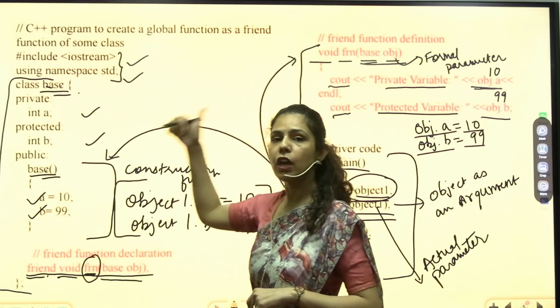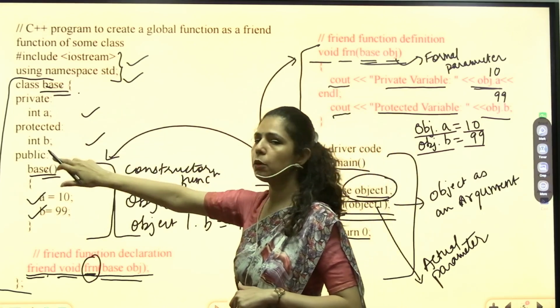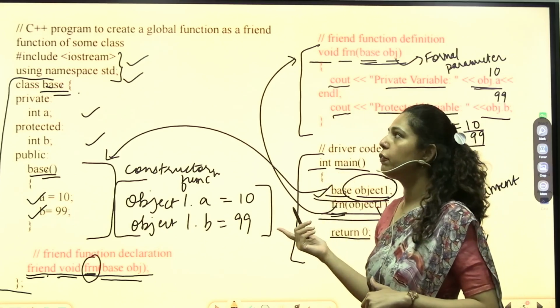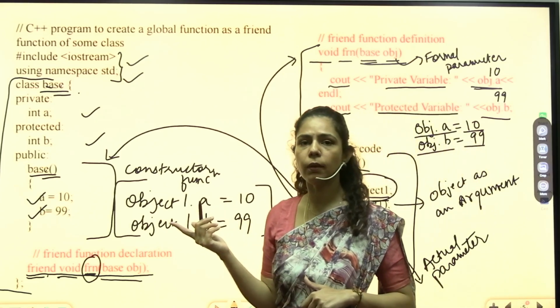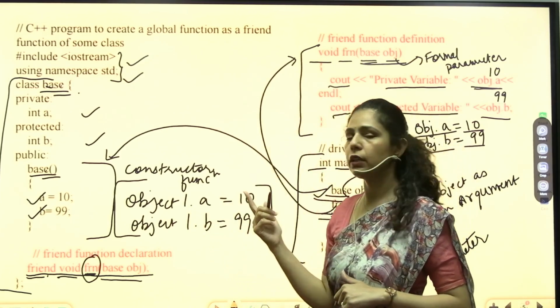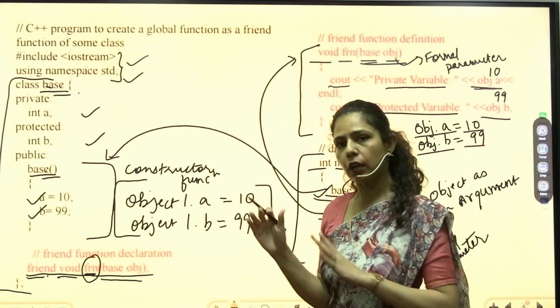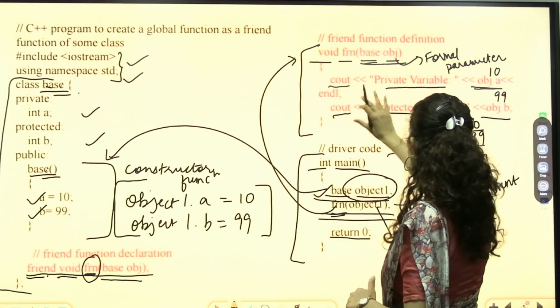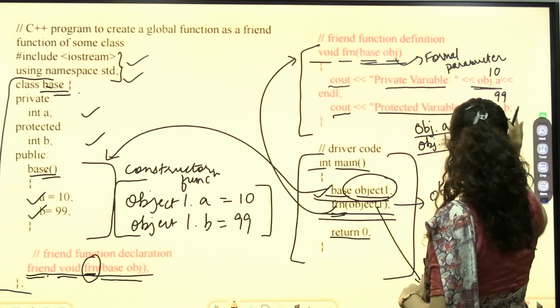That's why we are able to access these private and protected members inside the friend function. So that's the benefit of using a friend function: you can access the private and protected data members of your class. This is how this program works, and at the end it will give you the result 10 and 99.